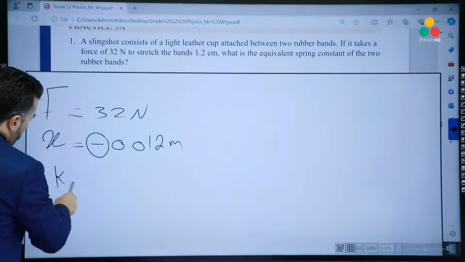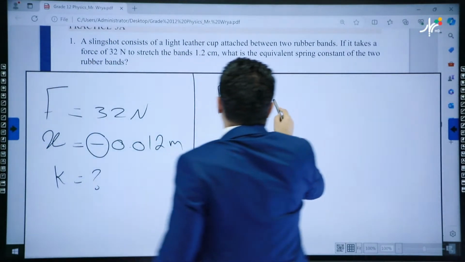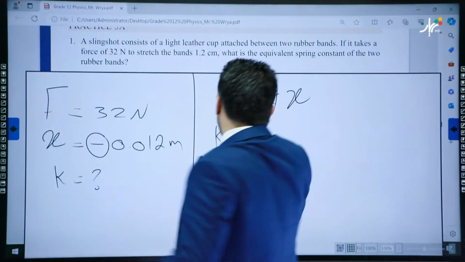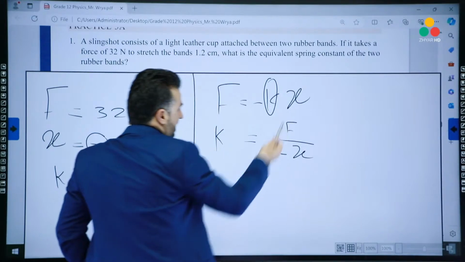So find K. Once again, F elastic equals negative Kx. We want K, so again, K equals F over x. But don't forget, there is a negative as well.